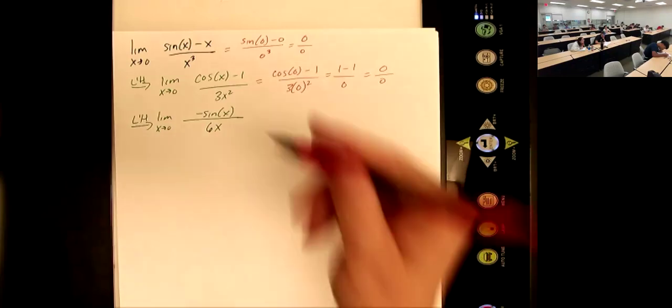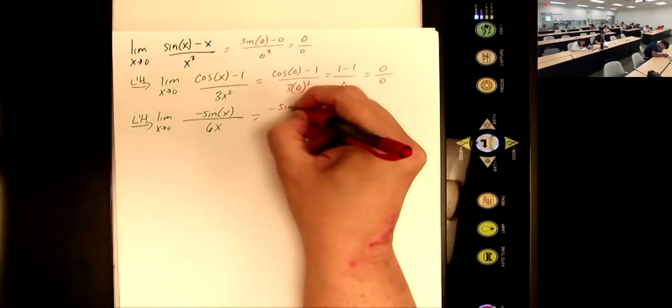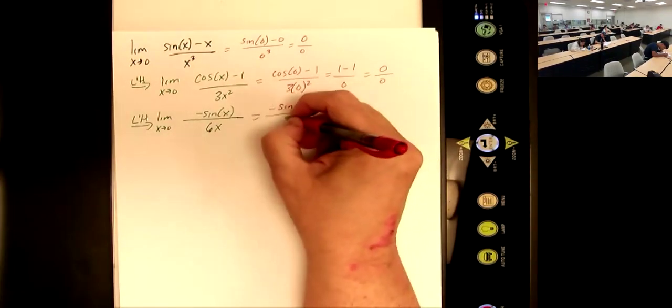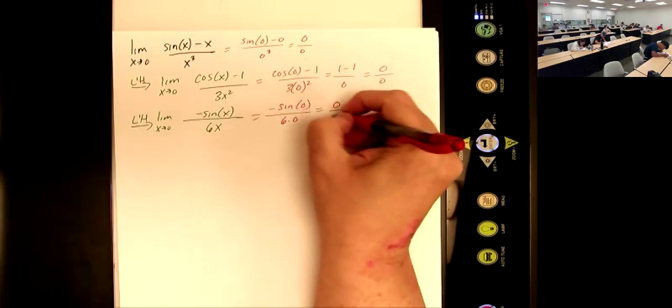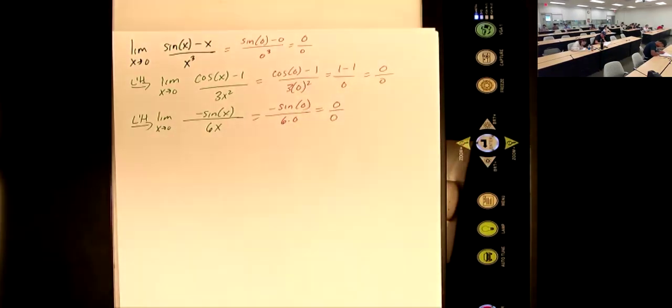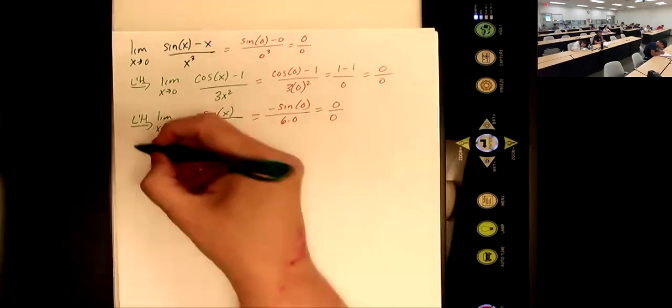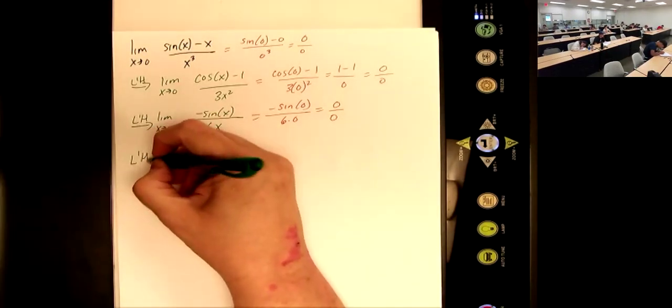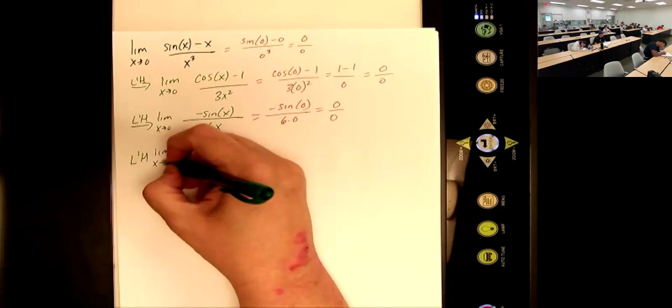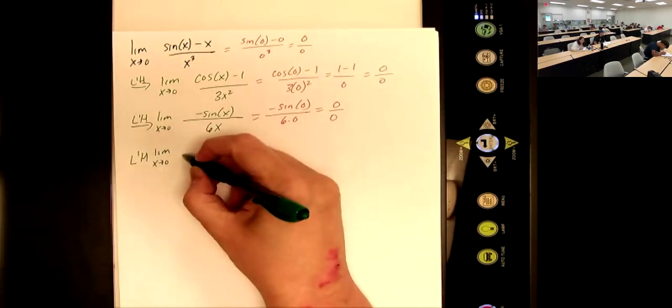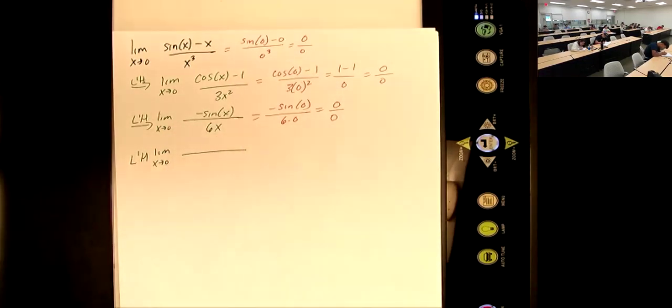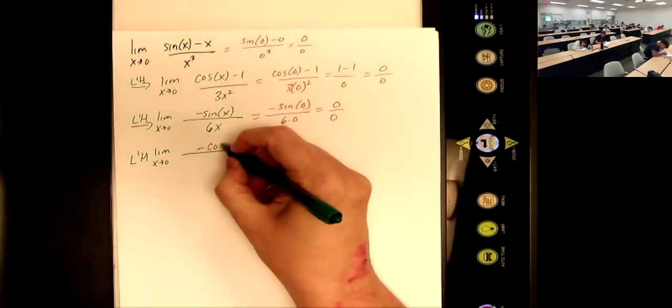Oh, look at this. Negative sine 0 over 6 times 0 is again 0 over 0. But that's an indeterminate form, so again. What's the top? Negative cosine x.